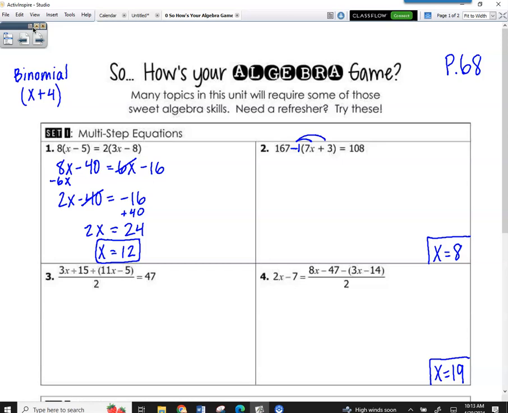What's in front of it? A +1, which means if I distribute a +1 by multiplication, does anything change? No, so there's nothing distributing here. So these parentheses are not even necessary. There are like terms in the top of that fraction that we can combine. What is 3x plus 11x?